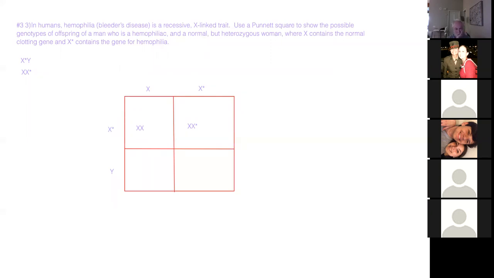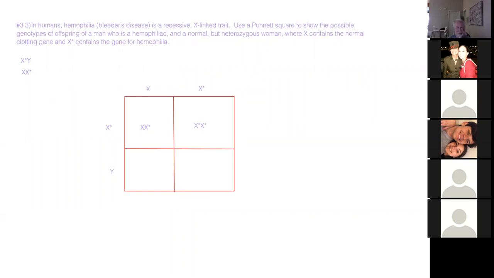So that's what the male should look like, which means that this next box would be, would she have it? Yeah, she should have hemophilia, because she got 2 X asterisks, right.